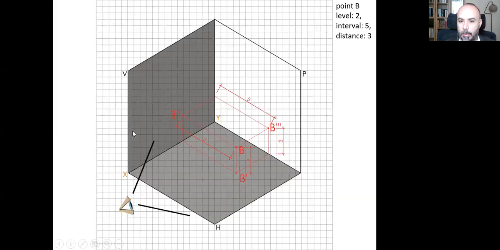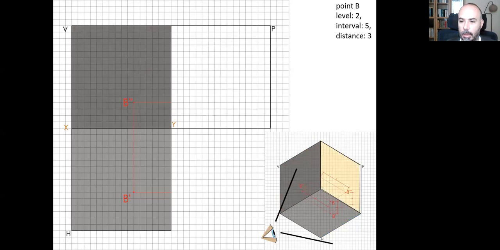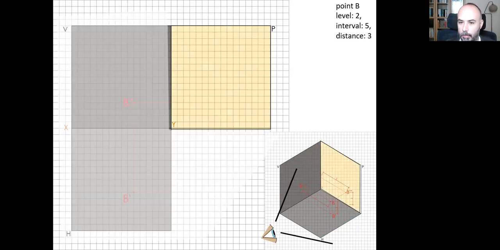In the last step, I need to change my position for the last time, and I'm now looking at the system from the left side. Right in front of me, I see the profile projection plane. I'm just concentrating on it. I see the horizontal projection plane as a line, and the vertical projection plane as a line.